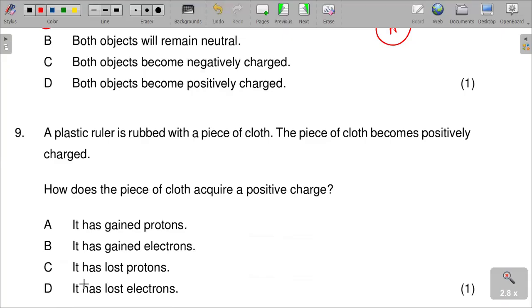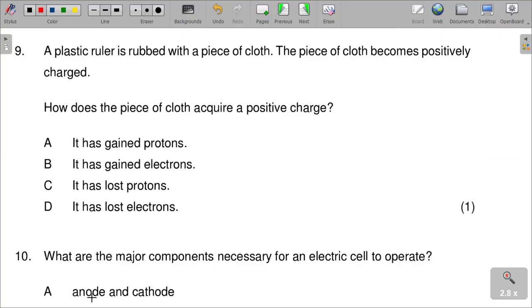When a ruler is rubbed with a piece of cloth, the cloth becomes positively charged. It means that it has lost what? It has lost electrons.